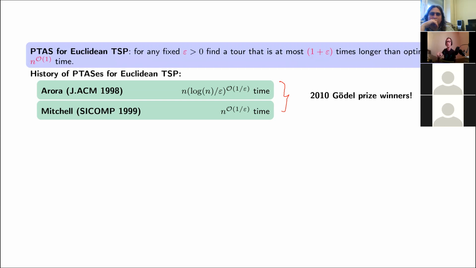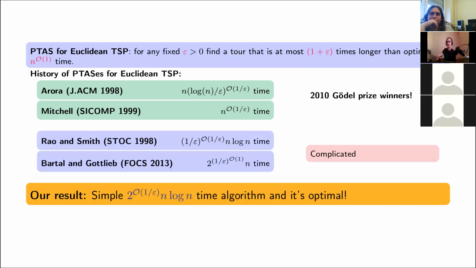Then it was improved. The dependence on n and epsilon can be improved, and currently the fastest algorithm is by Rao and Smith. It works in 1 over epsilon to the power 1 over epsilon times n log n time, where I fixed the dimension d to be 2.